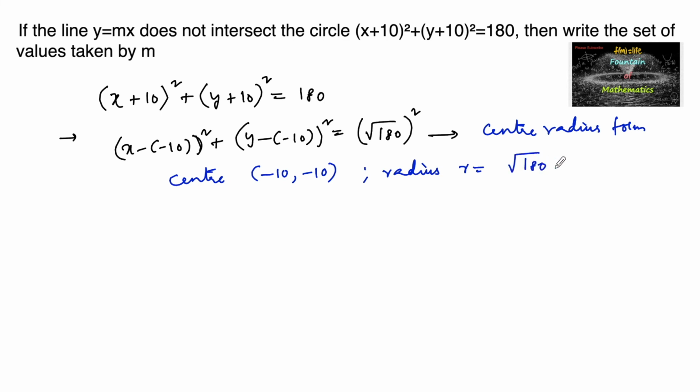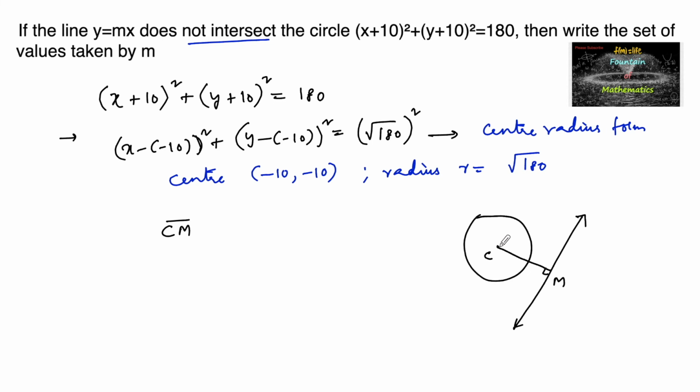And it is clearly mentioned that the line y is equal to mx does not intersect the circle, which means the line is lying outside the circle. So the perpendicular distance from the center to the line, say CM, is the perpendicular distance from the center to the line y is equal to mx, and is always greater than the radius.